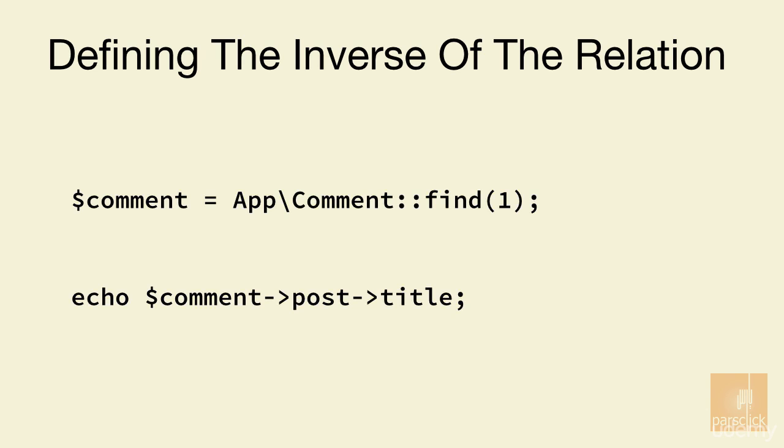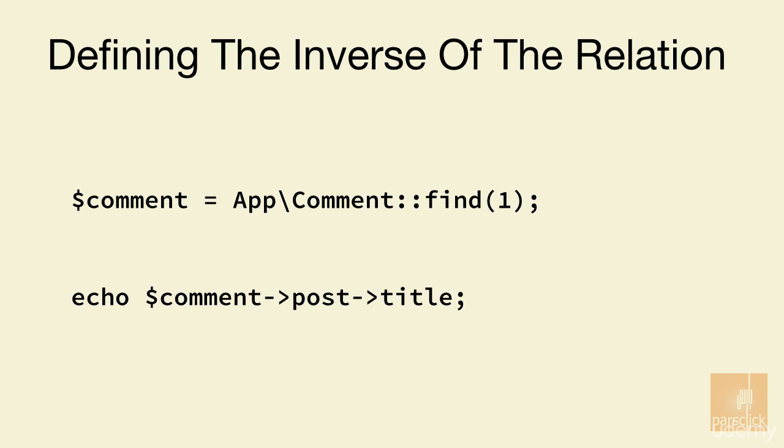So we're finding the comment and we're getting its post, because every comment belongs to a post, and we're getting its title. In this example, Eloquent will try to match the post_id from the comment model to an ID of the post model.